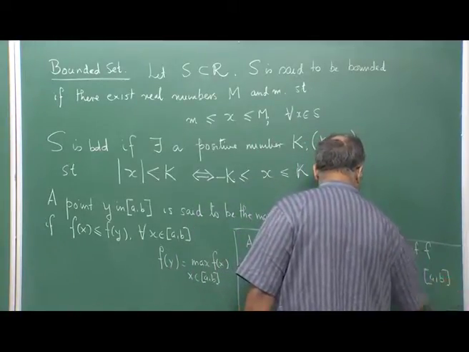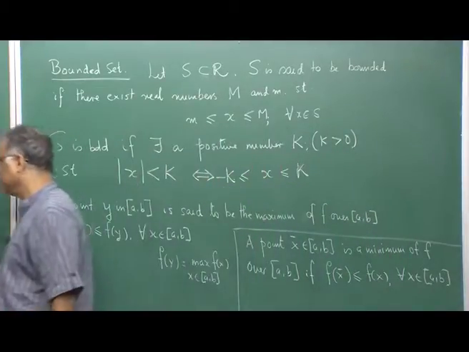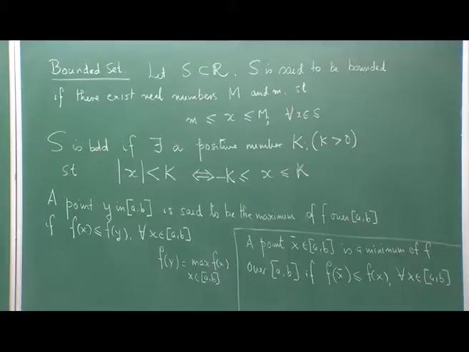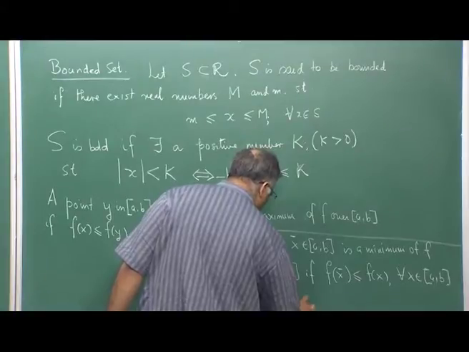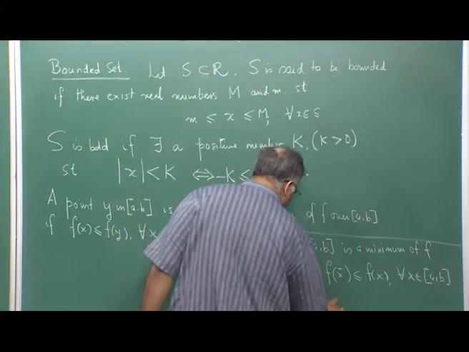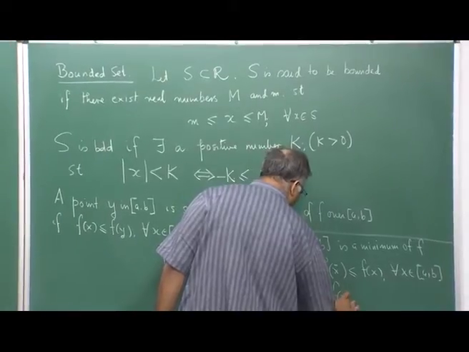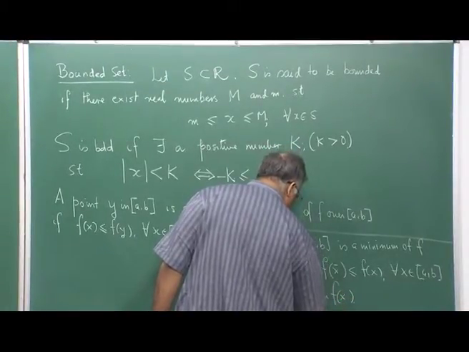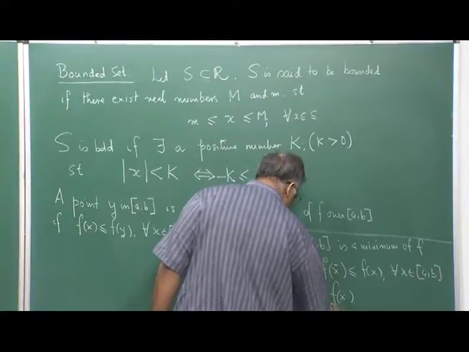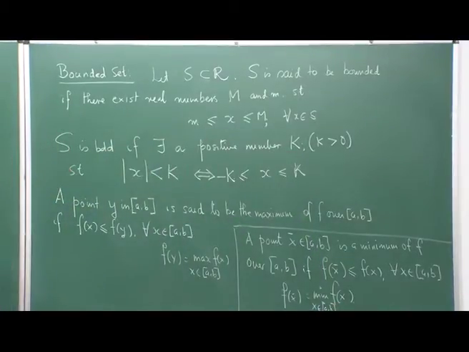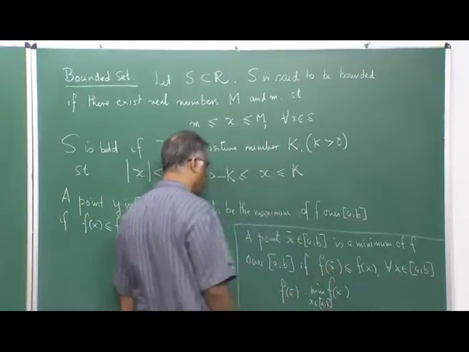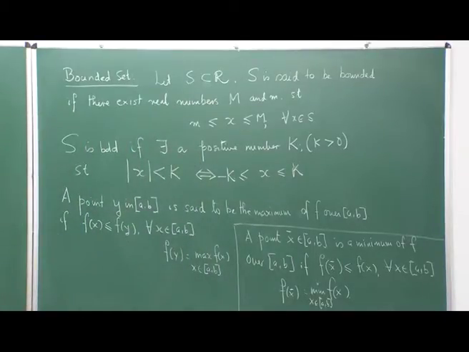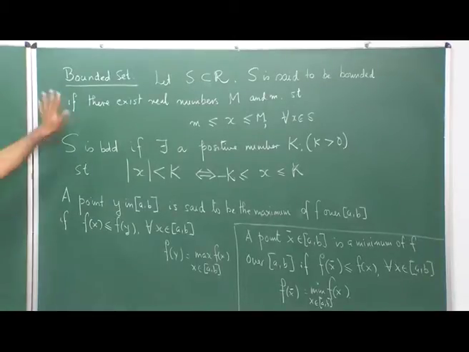So, one is the smallest functional value, one is the largest functional value. These are sometimes also written as f of x bar is the minimum value of f of x, where x ranges over a to b. It might look just symbolical, but this class of problems is hugely important in optimization and in many practical applications.